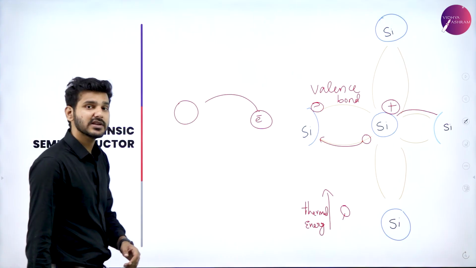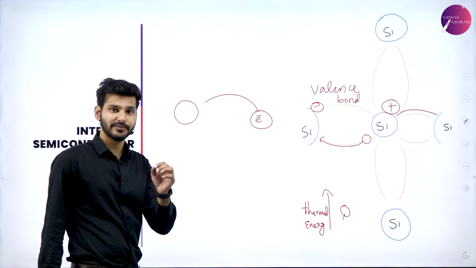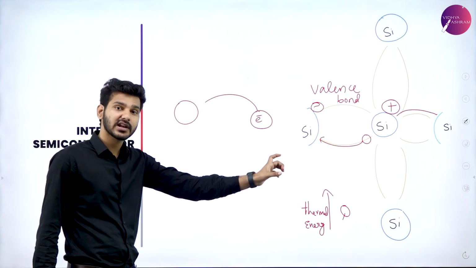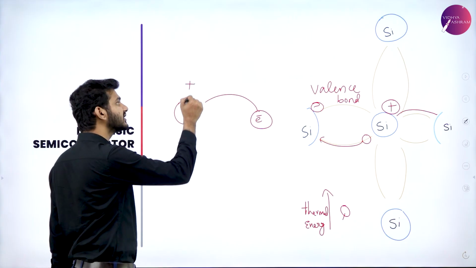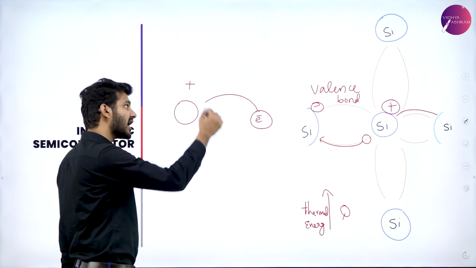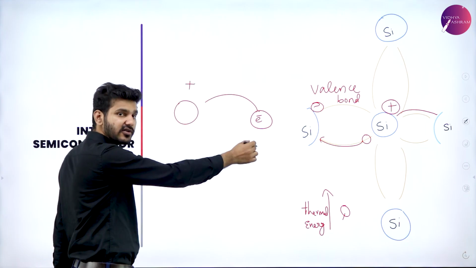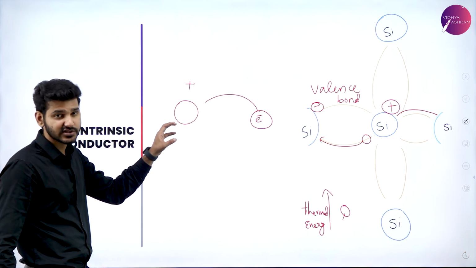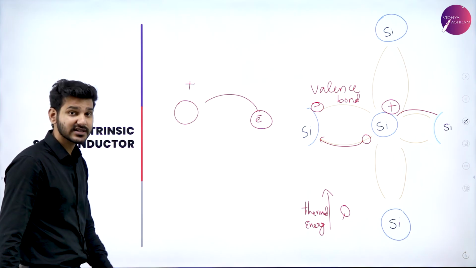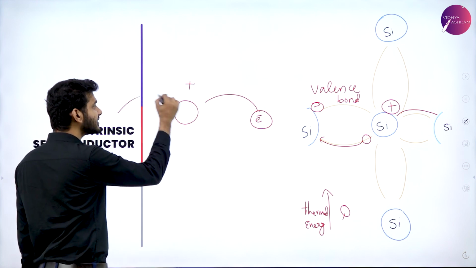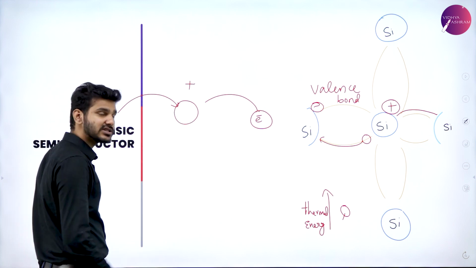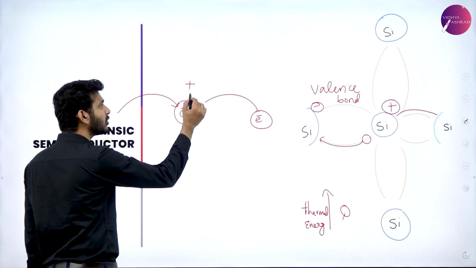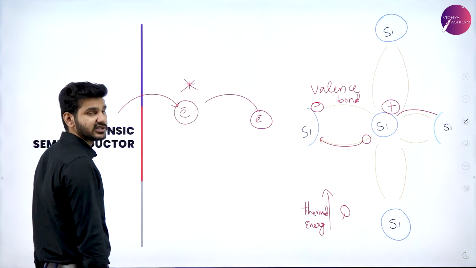This particular gap is now called a hole. Since it is the absence of an electron, the hole will be positively charged, which means that the electron jumped away and a hole was formed there, and that is positively charged. And since there was a hole created here, the very next neighboring atom will donate its electron here, filling in the hole, thereby cancelling the positive charge.